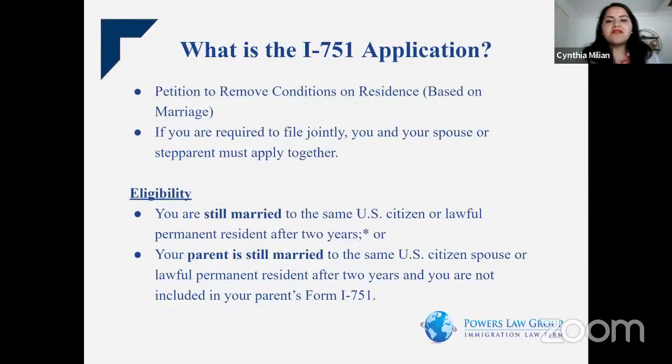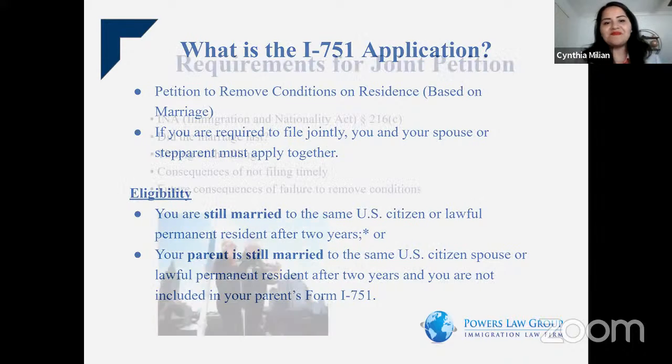The eligibility to file this is if you're still married to the U.S. citizen or lawful permanent resident after 2 years, or if your parent is still married to the same U.S. citizen spouse or lawful permanent resident after 2 years, and you're not included in your parent's I-751. You can derive benefits if you have children, but there are special clauses for when derivatives may need to file their own I-751.